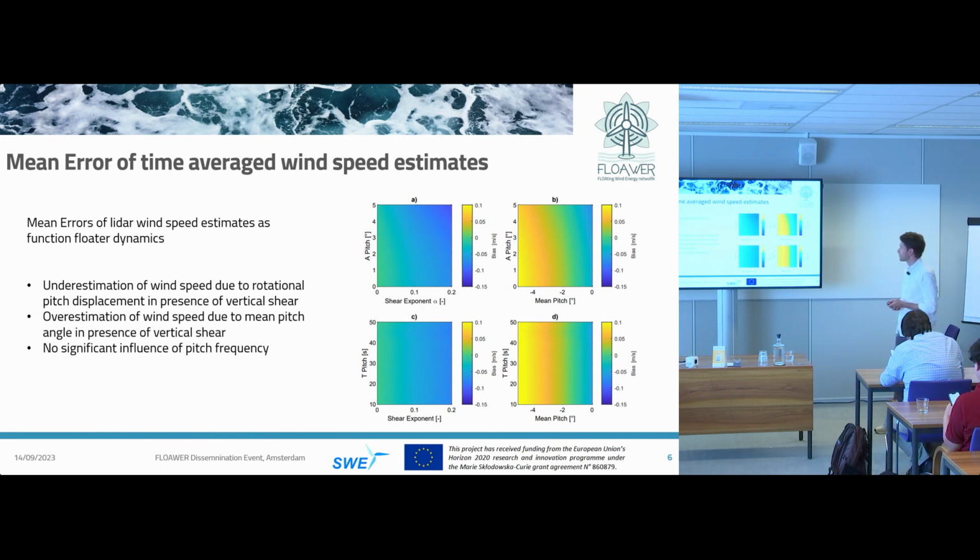And we have, or might have, an overestimation of wind speed due to the mean pitch angle of the turbine. Floating turbines, especially the spar-type floaters, operate in a condition where the turbine is tilted back a little bit. So the lidar is looking more upwards than you think from the upright position, and you end up at a higher height basically. And again, if we have a shear profile, this makes a difference. So we overestimate the wind speed in this case.